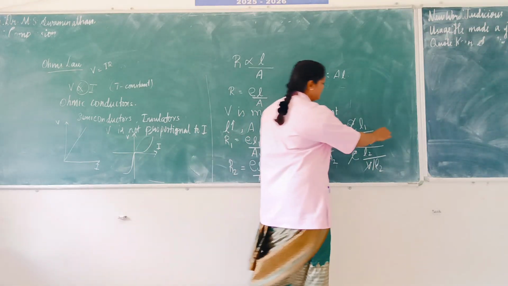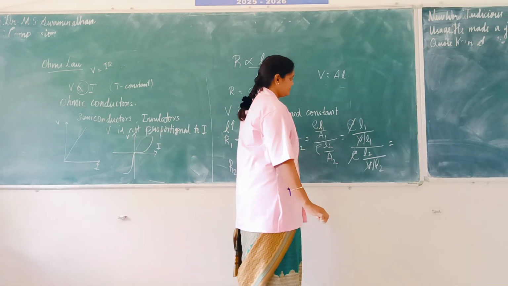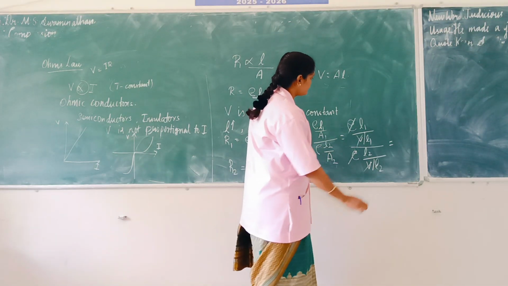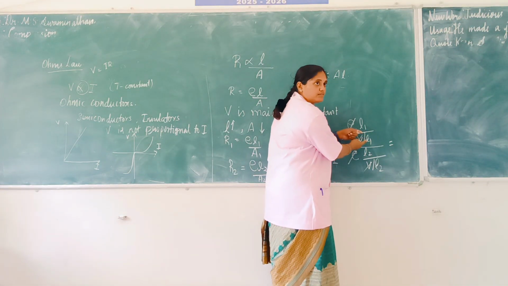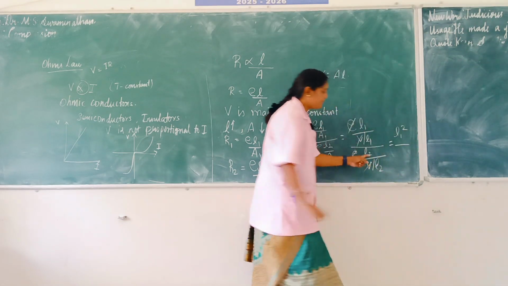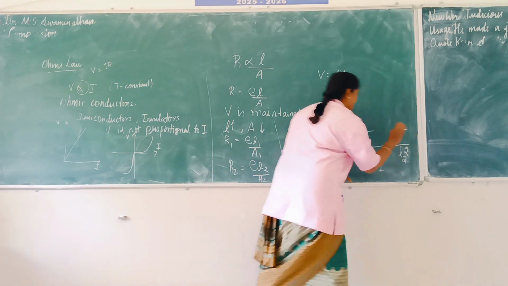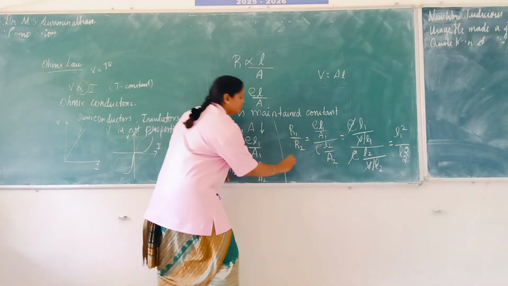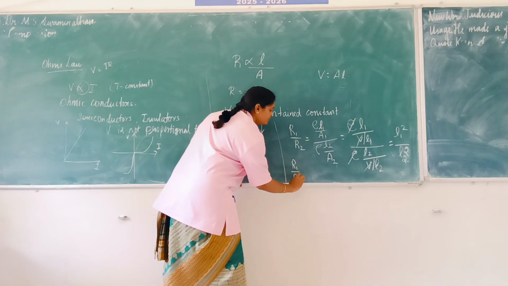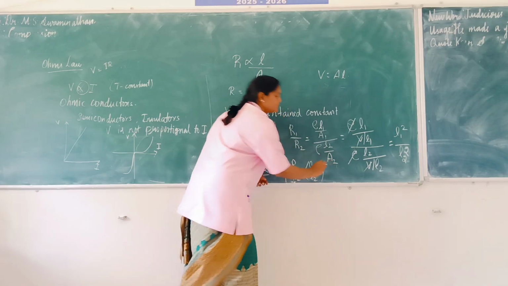Then it becomes L1 squared, and in the same way L2 squared. So R1 by R2 equals L1 by L2 the whole square.